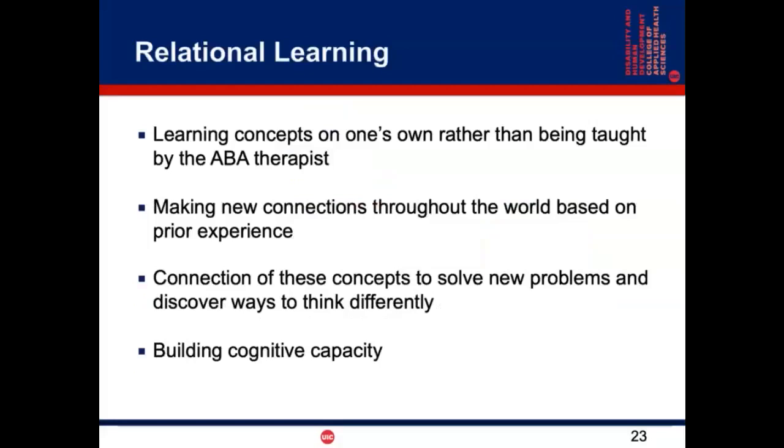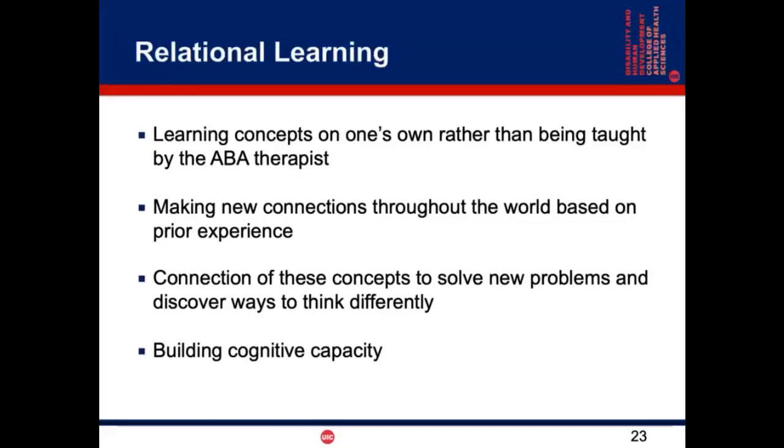So this relatively new approach that comes from the ABA world is described as relational learning, or learning concepts that are discovered on your own rather than being taught directly by the therapist. How can we get somebody to make connections in the world based on their own prior experiences? How do you teach logical induction and deduction to somebody?